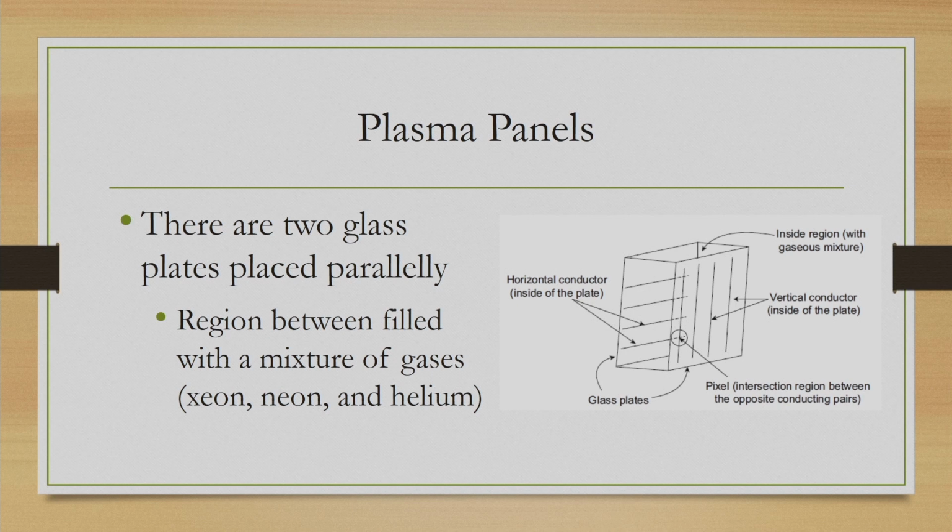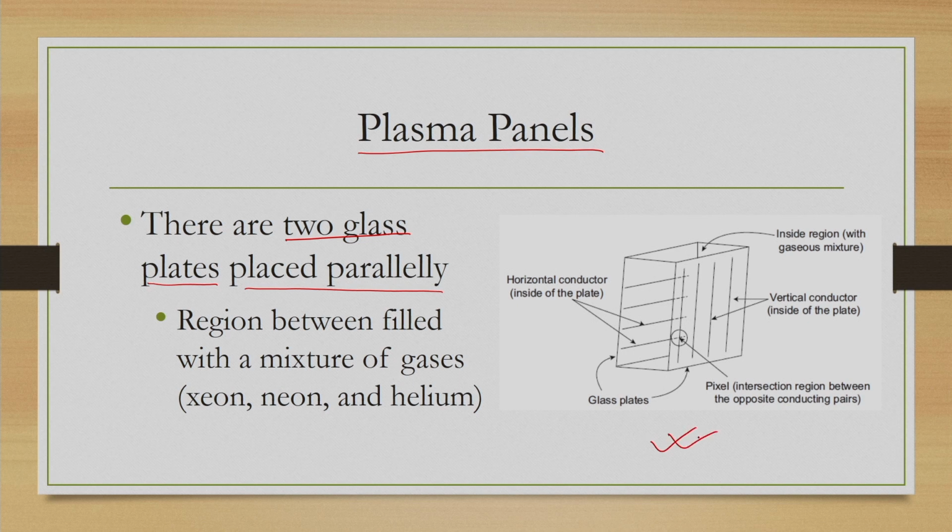As we mentioned, one example of emissive display is plasma panel displays. In such displays, we have two glass panels or plates placed parallelly as shown in this figure.